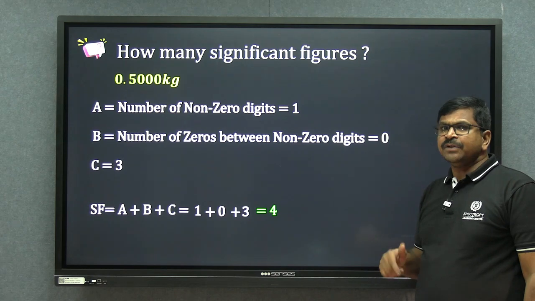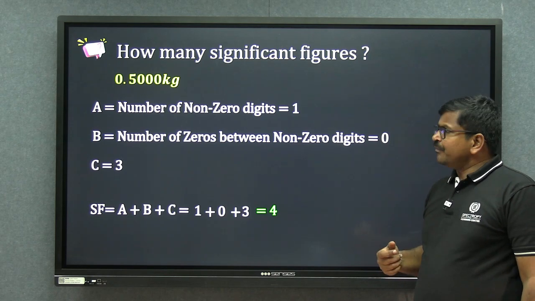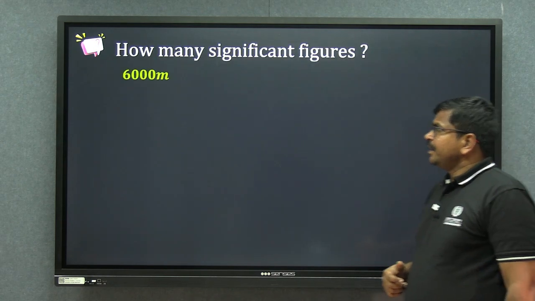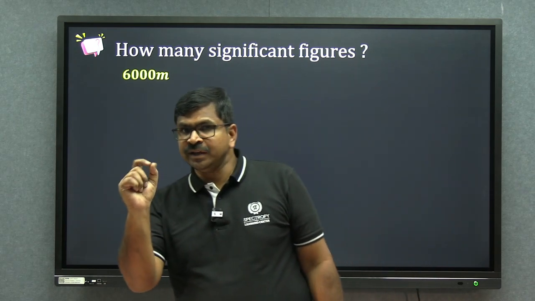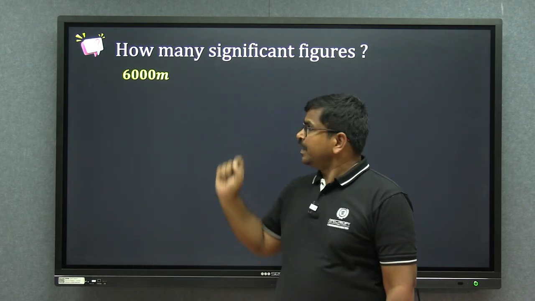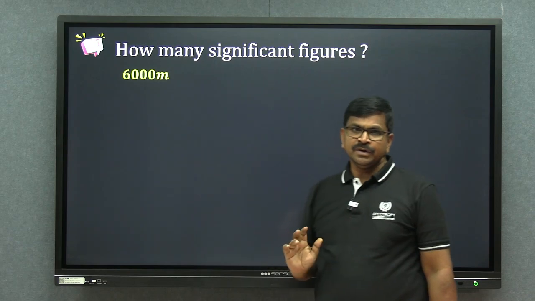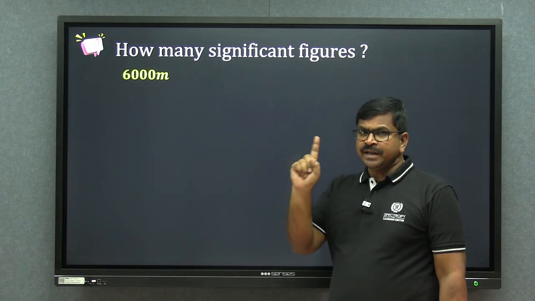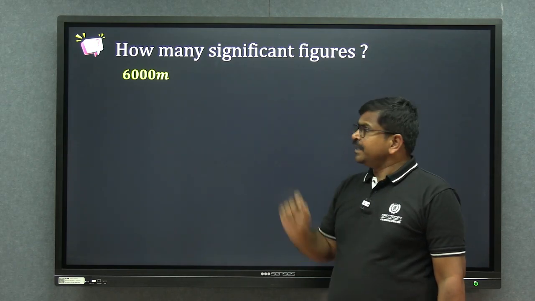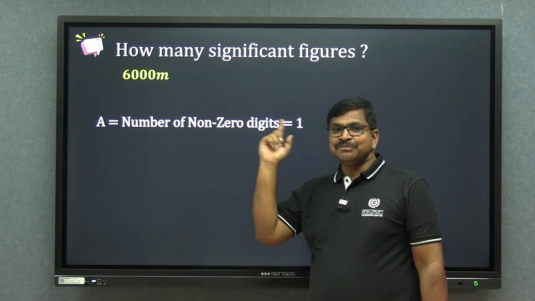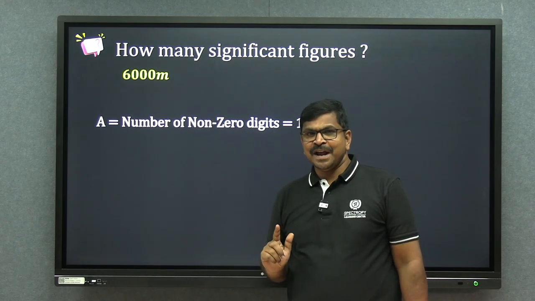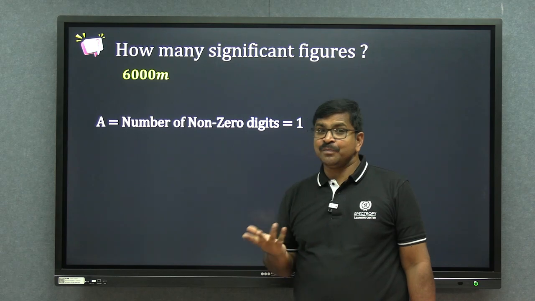Let us try to understand with one more example. 6,000 meters. Earlier it was 0.5000, a decimal number. Now it is a non-decimal number. So for a non-decimal number, A and B only will be there. A equal to 1, and B, when there is one non-zero digit, zeros between non-zeros are not possible.